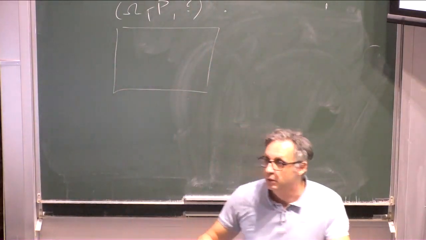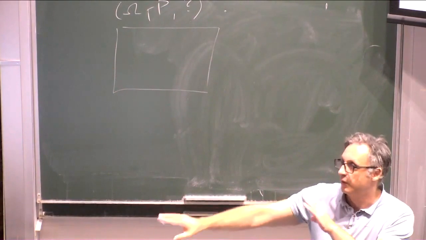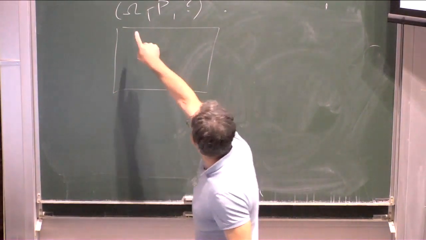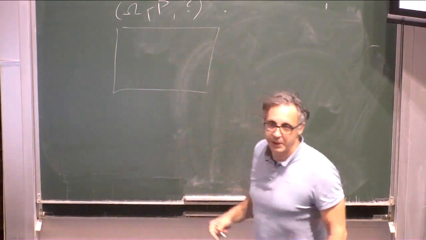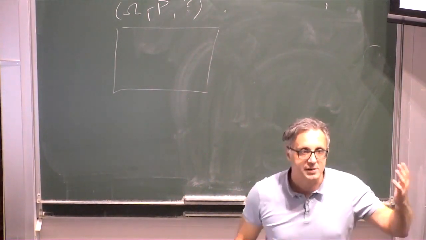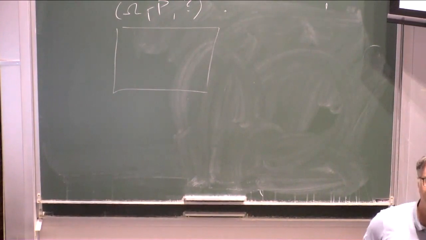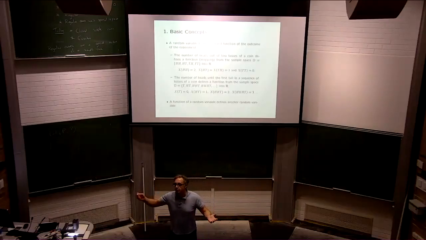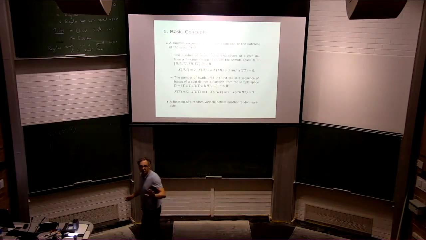But for the moment, especially for the finite, discrete case, we describe an experiment with omega and P, where omega is the set of possibilities, the possible outcomes. P measures the likelihood. P is the probability. We good?